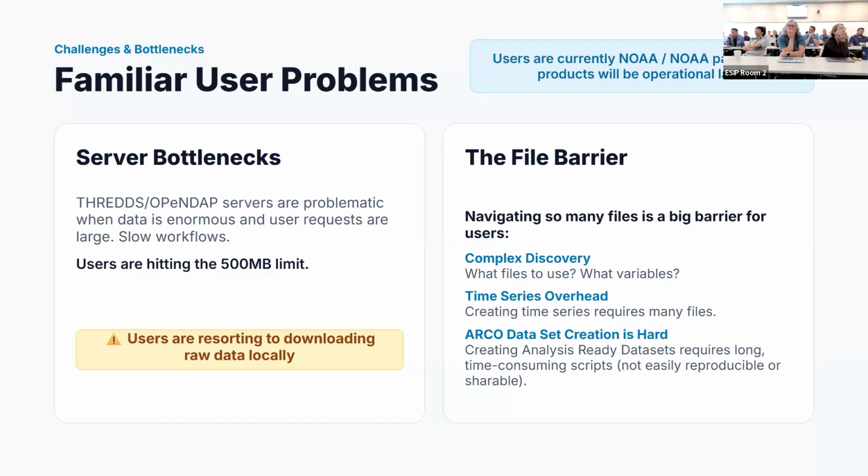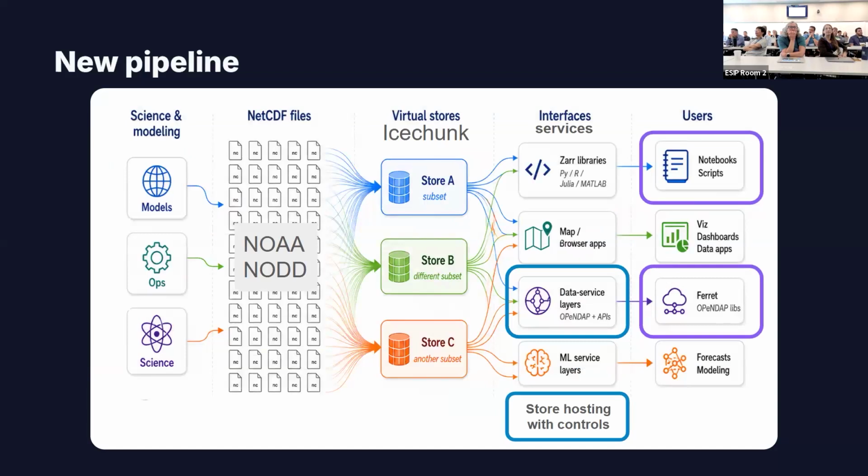So again, they're resorting to code where they're downloading all the raw data locally, and that's not good. We're also seeing this barrier where they're having a hard time navigating all these files, and we're having to create all this documentation to help them understand all the different parameters and the naming. That's hard.